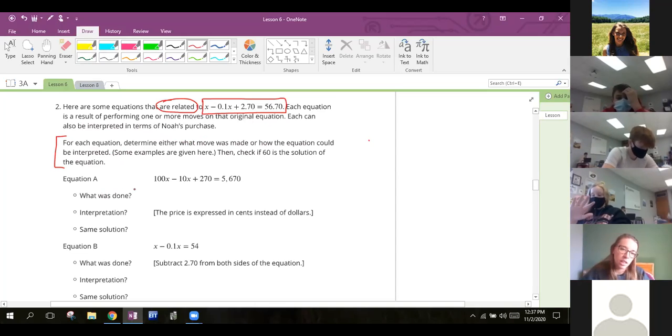Then determine if 60 is the solution of the equation. So we determined earlier that 60 was the solution because we substituted it in. So how are we going to determine if 60 is the solution for all the new equations? Substitute.